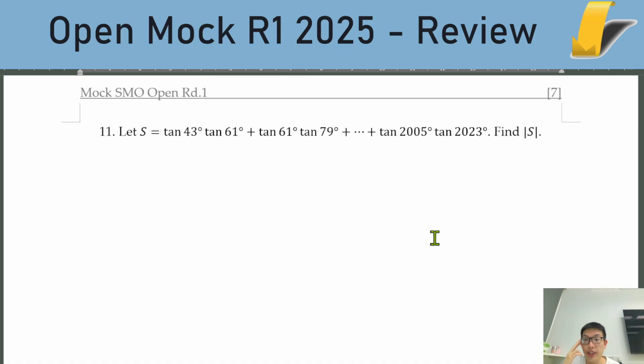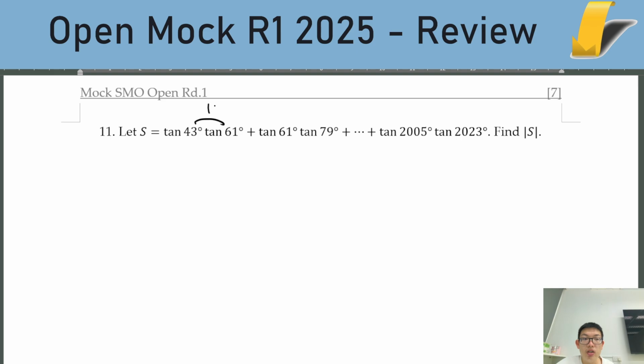Another specific trick, question 11. It has a logical motivation, but it is still a specific trick, which is that I want to make it telescope and all cancel out.